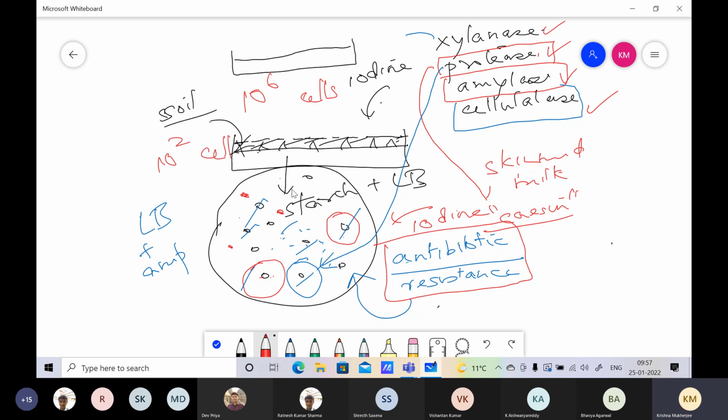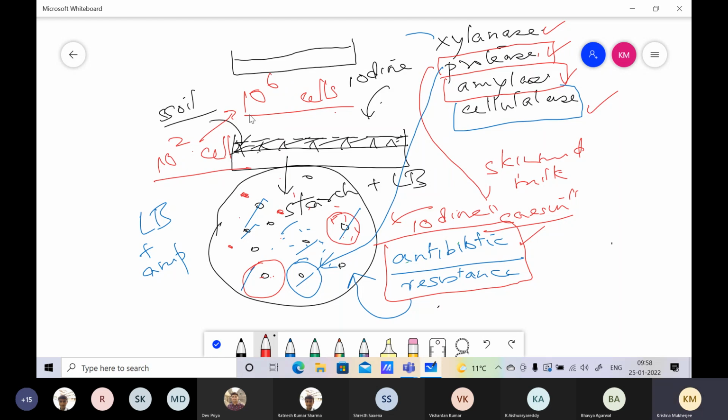If more than 100, they'll be saturated and you can't see the clearance zones. So in a plate you can screen 10 to the power 2, but with positive selection where everything else dies, say antibiotic resistance, you can screen 10 to the power 6 cells.